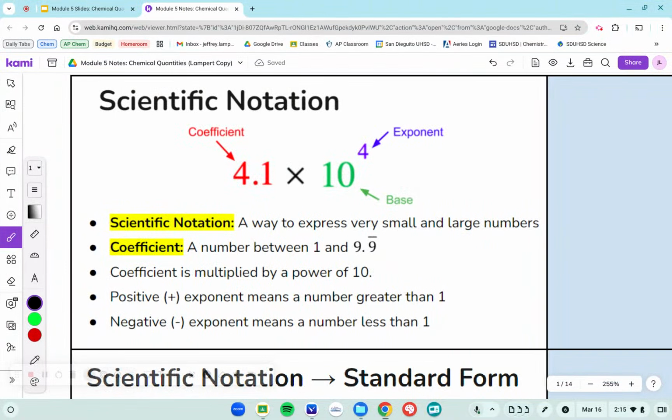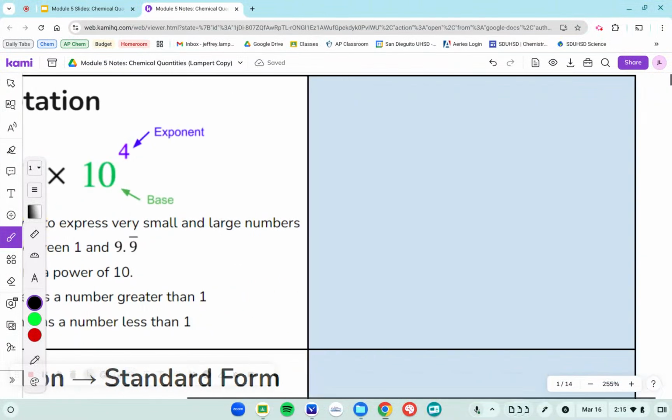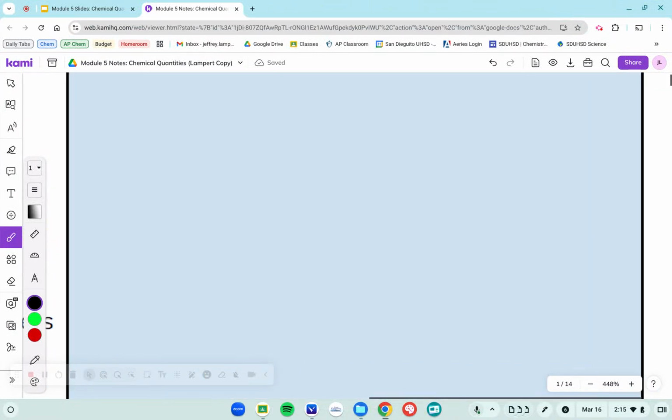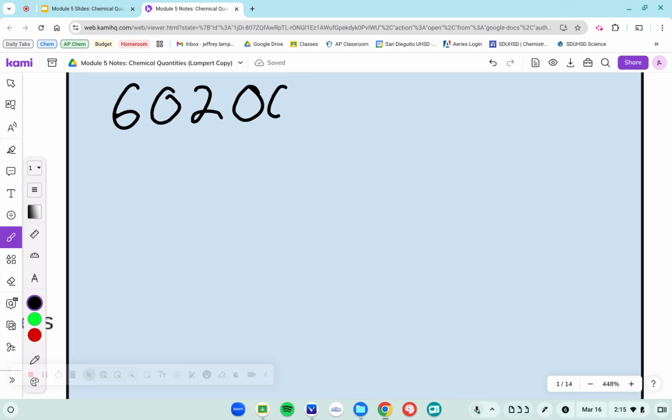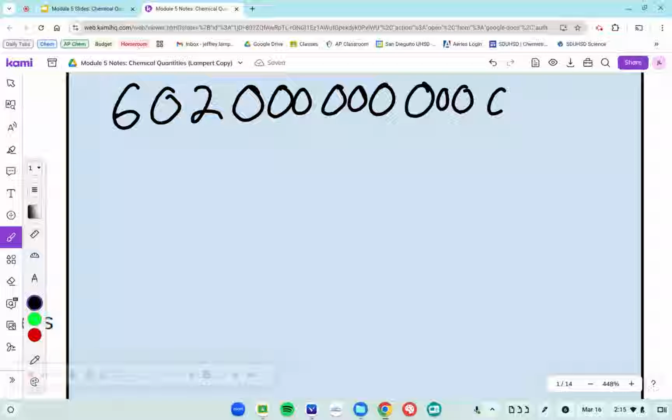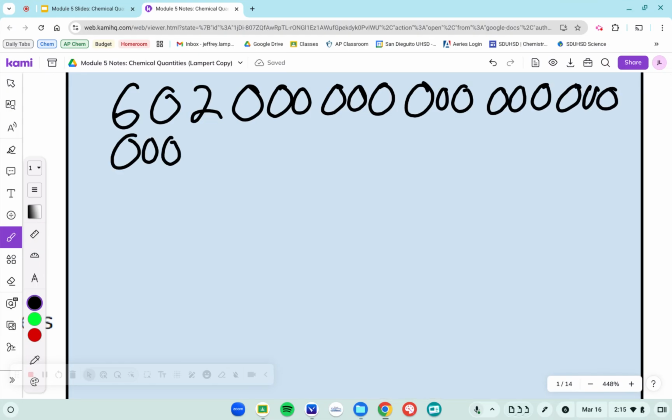The reason that we're covering it right now is there is a number that we use in chemistry quite often that we'll talk about a little bit later on, where when you write it out fully, it's 602 followed by lots of zeros.